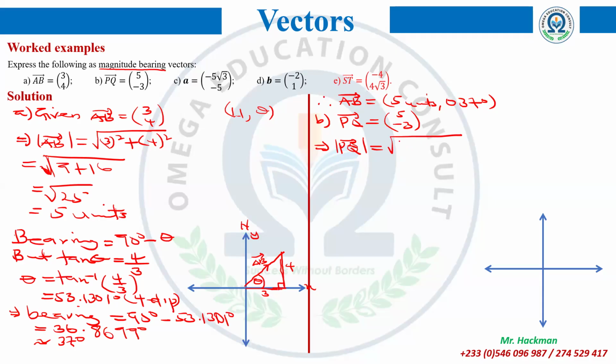So that will give us 5 squared plus negative 3 squared, which is equal to root of 25 plus 9, which gives us root of 34.